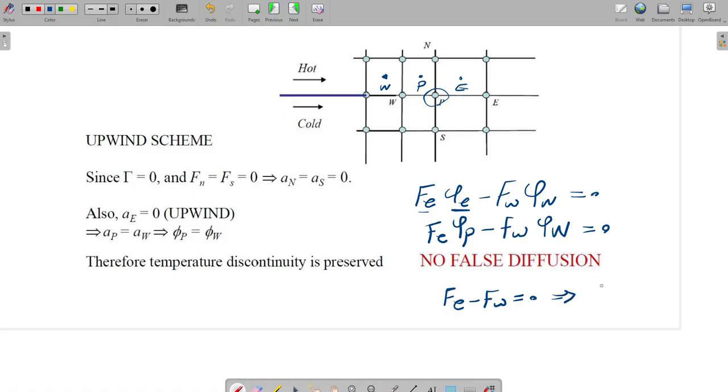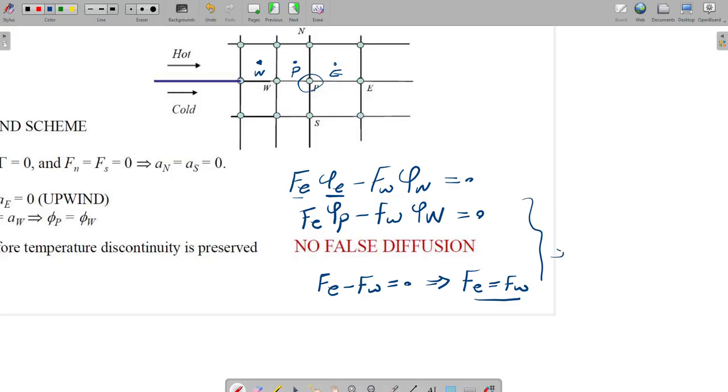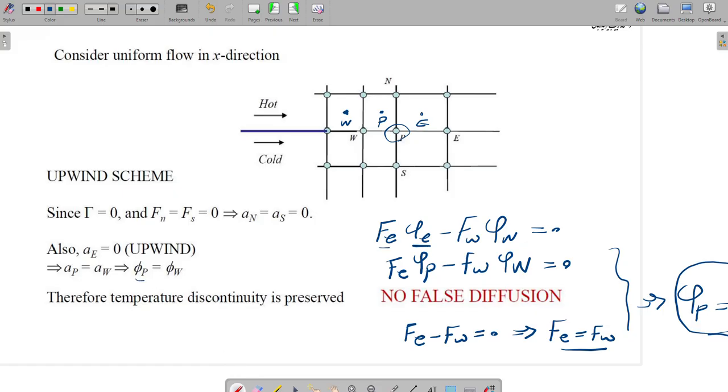Therefore, Fe equals Fw. From these two equations, we get phi P equals phi W. This means the amount of phi in the main cell is equal to the upwind cell, or the previous cell. Therefore, the temperature discontinuity is preserved. Okay.